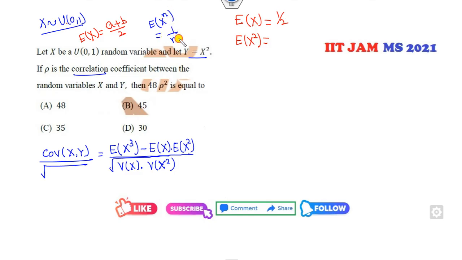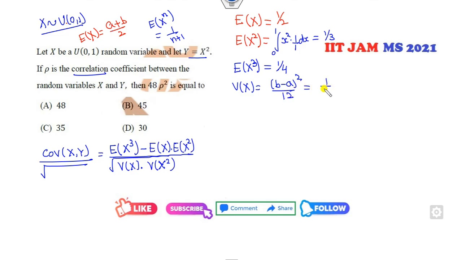It is 1 over n plus 1 if it follows 0 to 1. Otherwise you can find it by integrating the PDF, which is 1 over 1, dx. So it is 1 over 3. I need to find E of x square, and E of x cube is 1 over 4. For the variance of x, the formula for the variance is b minus a whole square over 12.